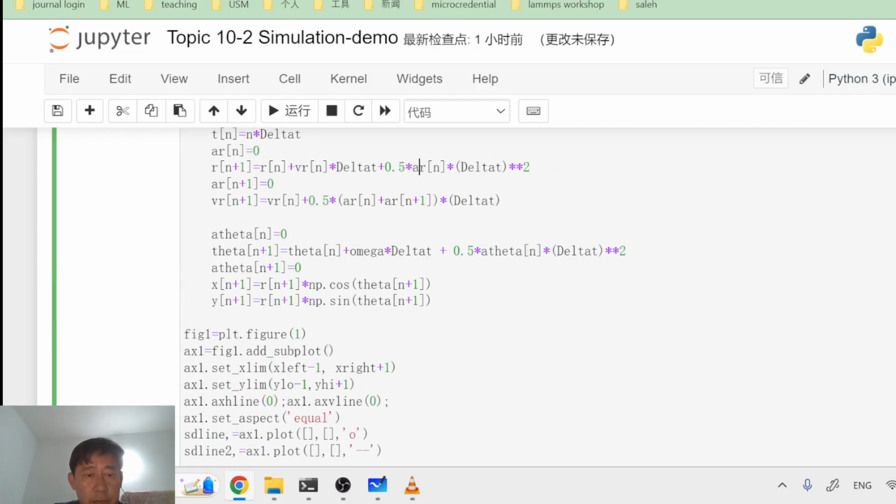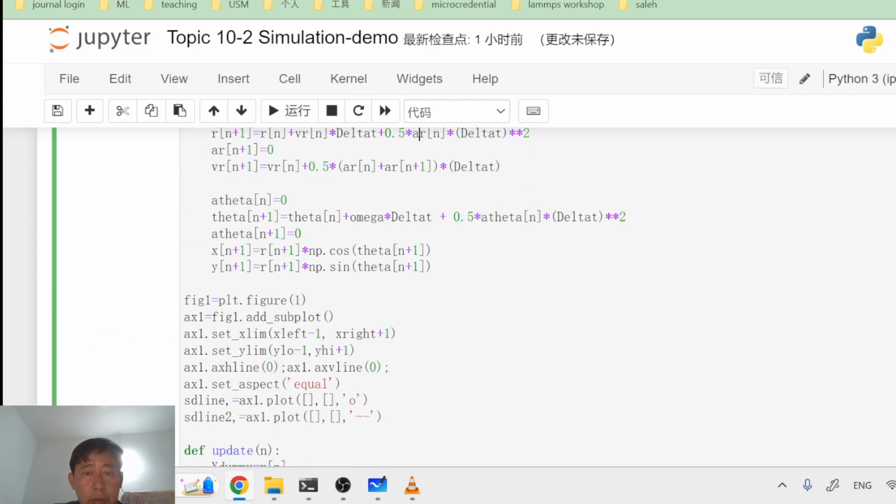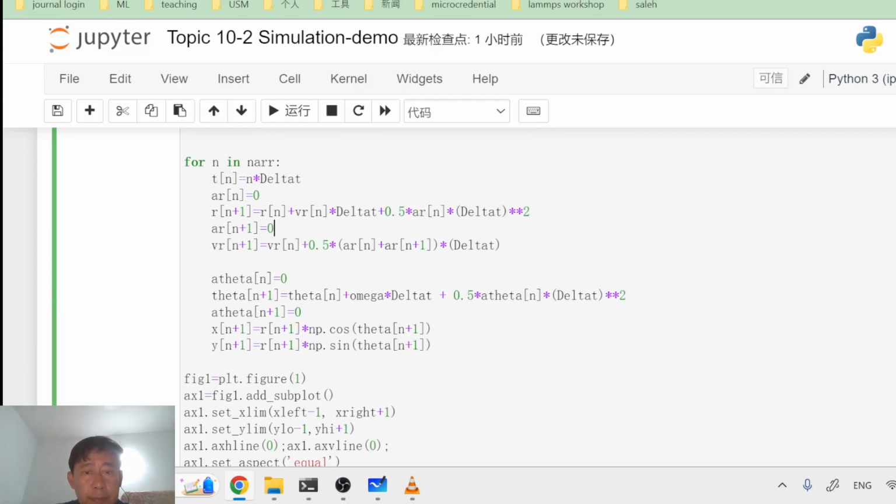So I think I have to correct my code here. Okay, so this would be half of AR times delta t squared, and then for the theta case it should be half of A theta n delta t squared.